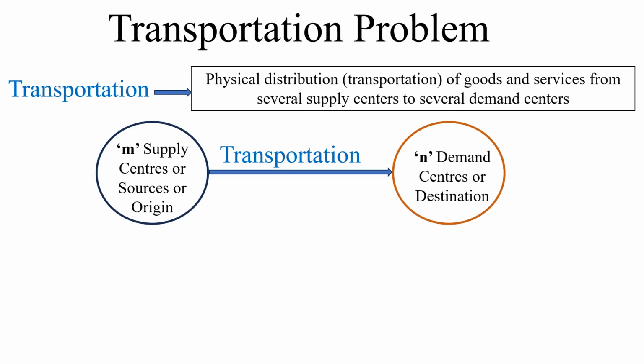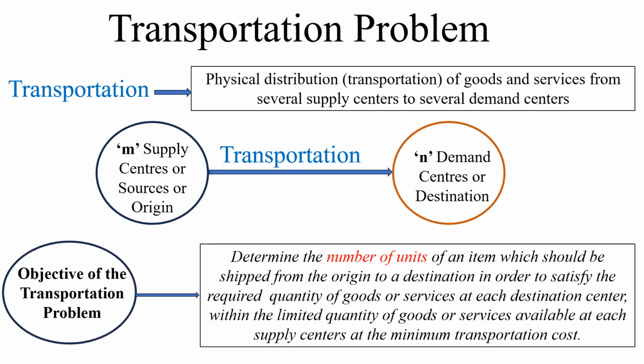Similarly, demand centers are also known as destinations. The objective of the transportation problem is to determine the number of units of an item which should be shipped from an origin to a destination in order to satisfy the required quantity of goods or services at each destination center, within the limited quantity of goods or services available at each supply center, at the minimum transportation cost.